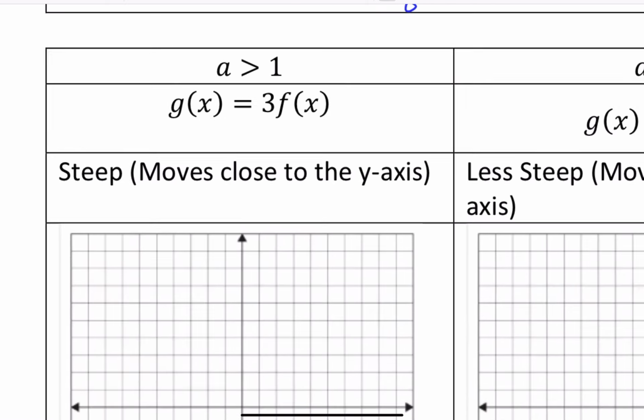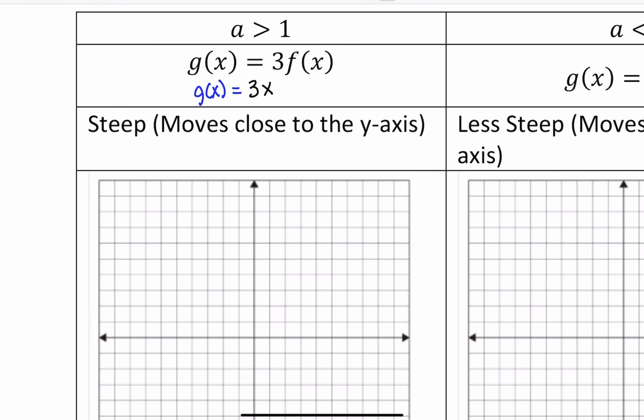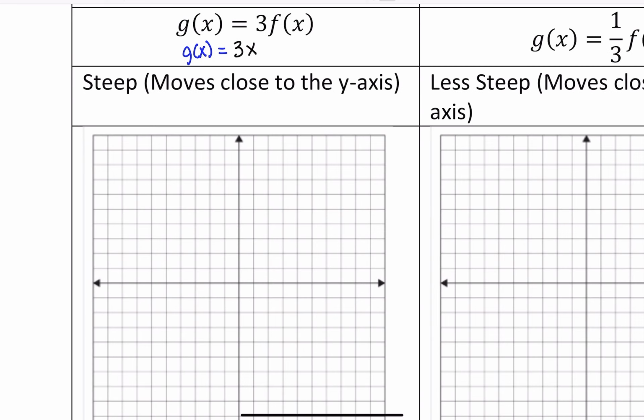Here, when a is greater than 1, another way of seeing this is g of x is equal to 3x. When it's greater than 1, it's going to go steeper. It's going to move closer to the y-axis. A general idea of what it's going to look like: your parent function is going to go like this.